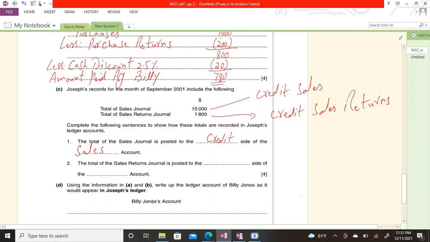And similarly, the total of the sales returns journal is posted to the debit side of the sales returns account.